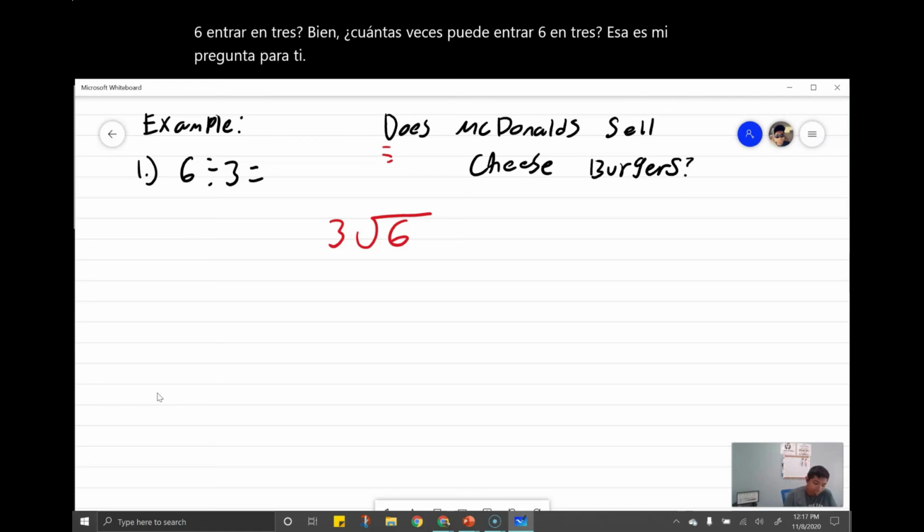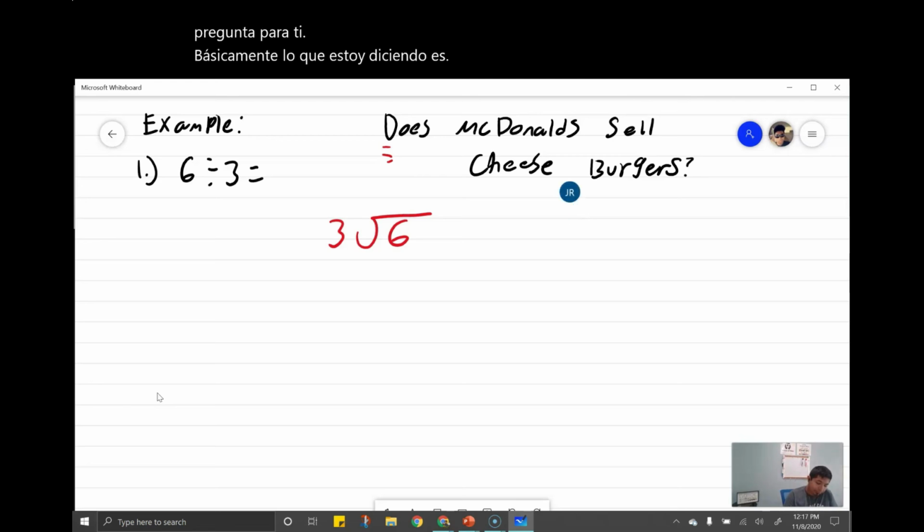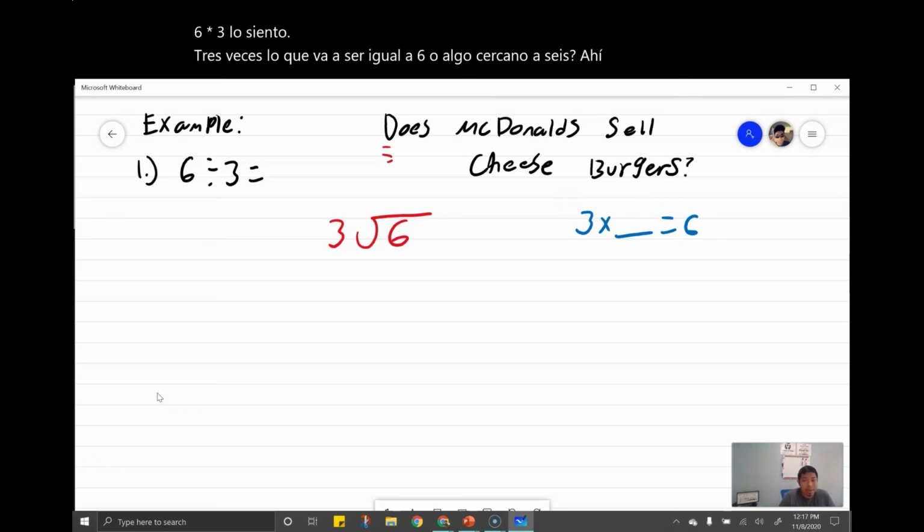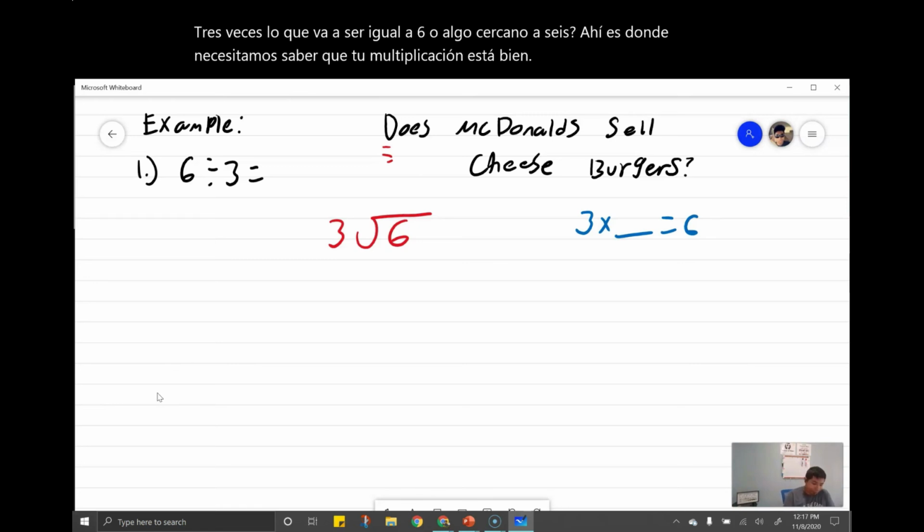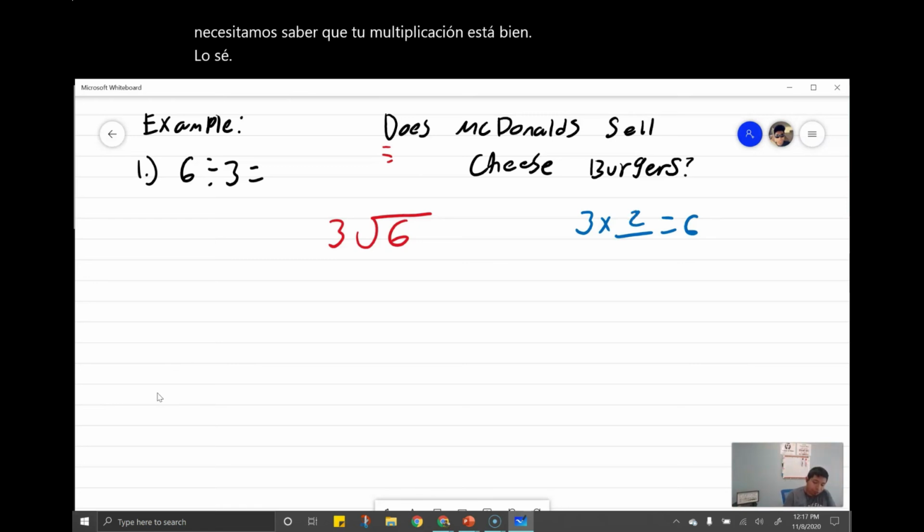Basically what I'm saying is, 3 times what is going to equal 6 or something close to 6. That's where we need to know your multiplications, okay? I know that 3 times 2 equals 6. So my 2 goes up here, okay? So I did divide, good, check.